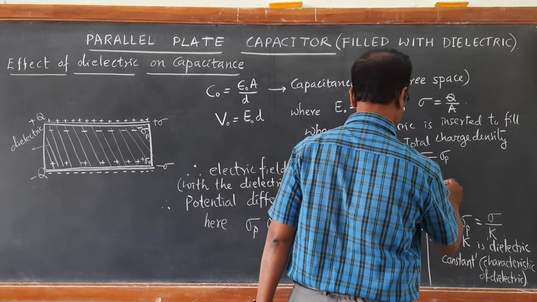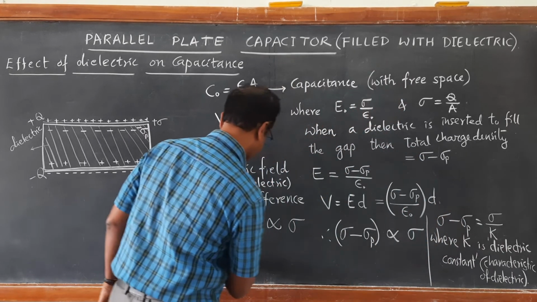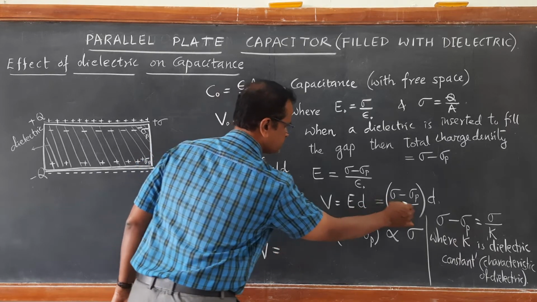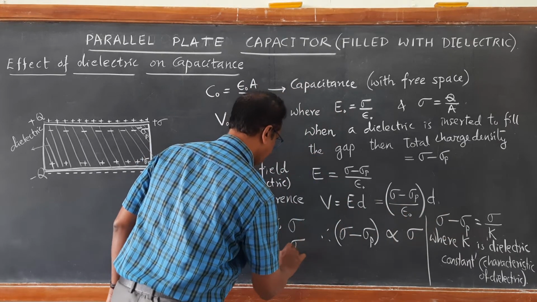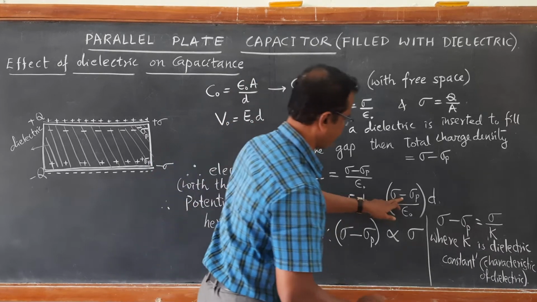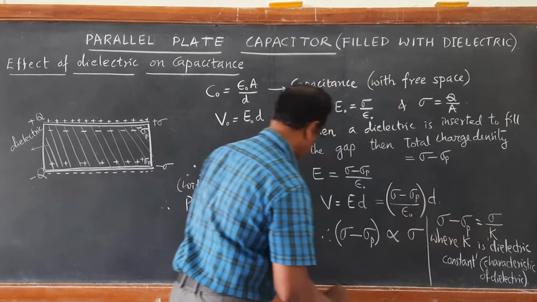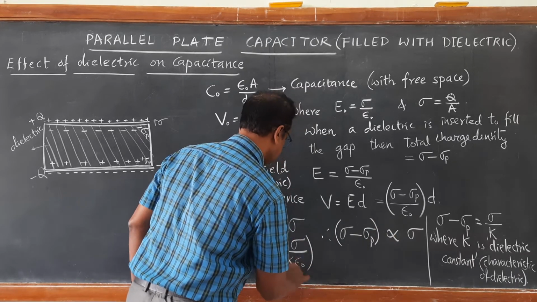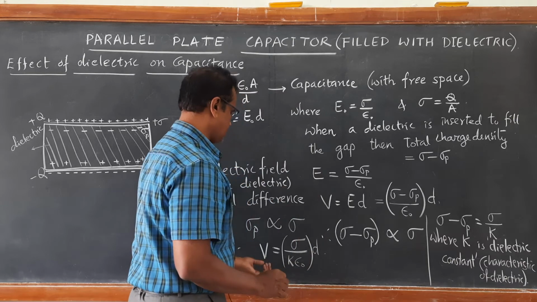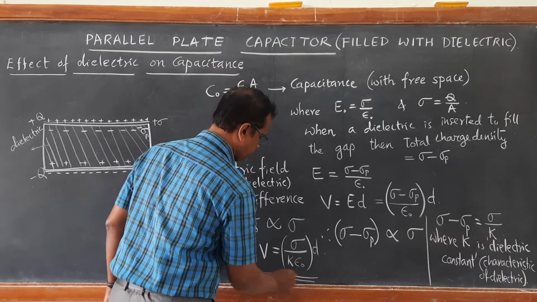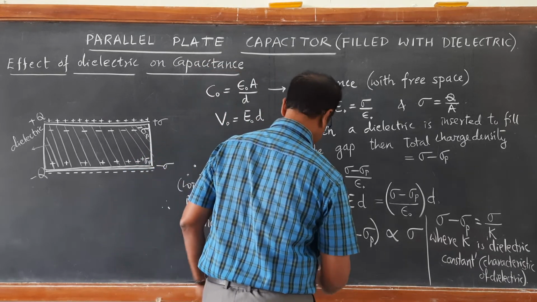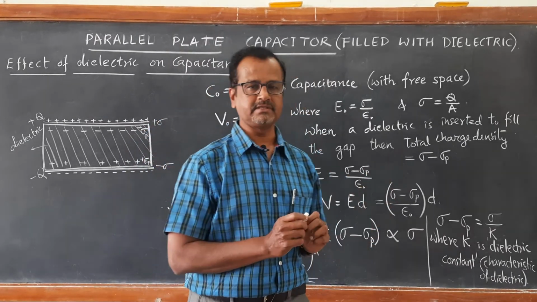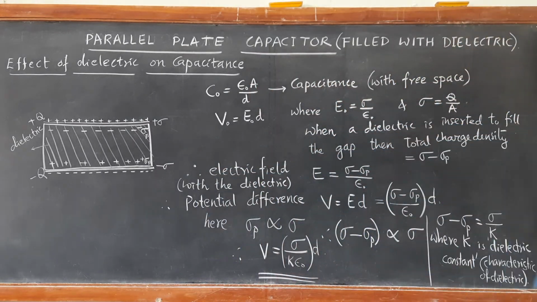Therefore, V becomes equal to sigma minus sigma p, which is sigma upon k, and in the denominator epsilon naught, multiplied by d. So now this becomes the important equation, right? This I am going to substitute in the equation of capacitance C equal to Q by V.